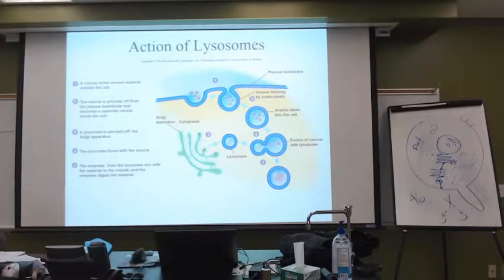They might help break down a substance that the cell needs. But one way that these become important, when the cell has done its job, it's no longer needed, it's at its end of its lifespan, it helps to digest the cell itself.